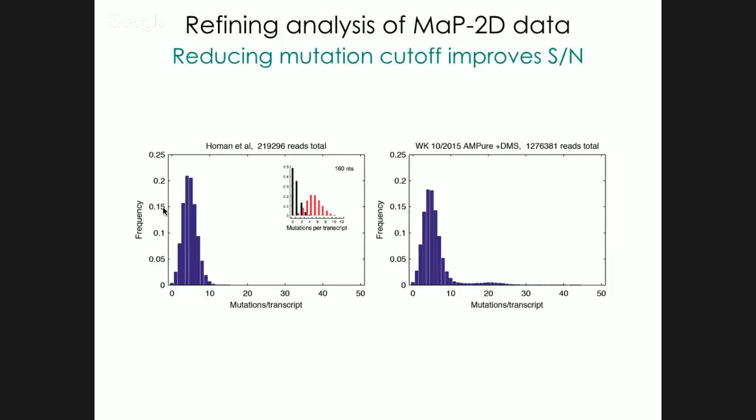Taking their data set and comparing the mutation per transcript frequency to what they presented in their paper, you can see that it's very similar, a distribution between 0 and 10 in their chemical mapping condition, which is in red. And in our data set, we also saw a similar distribution with an additional, maybe broad, peak of mutations per transcript at a little bit over 20.